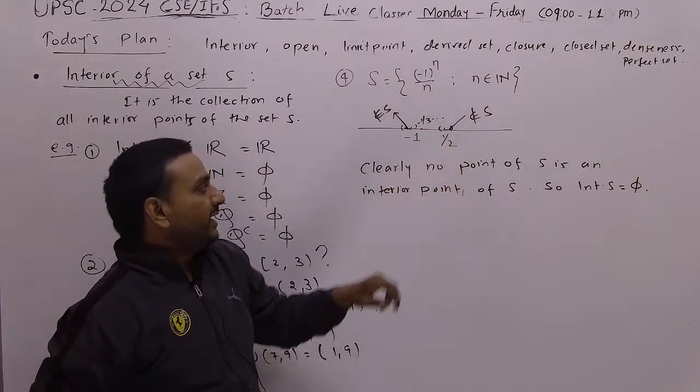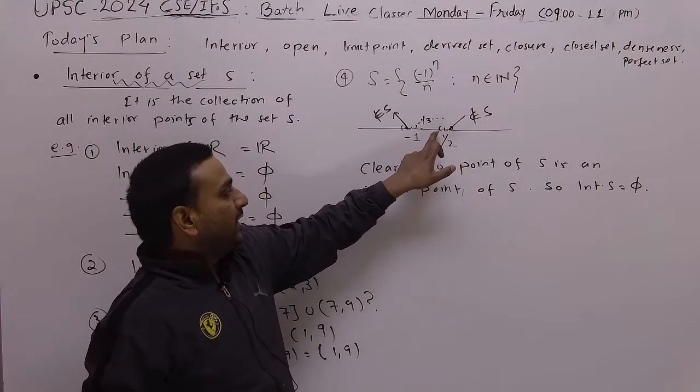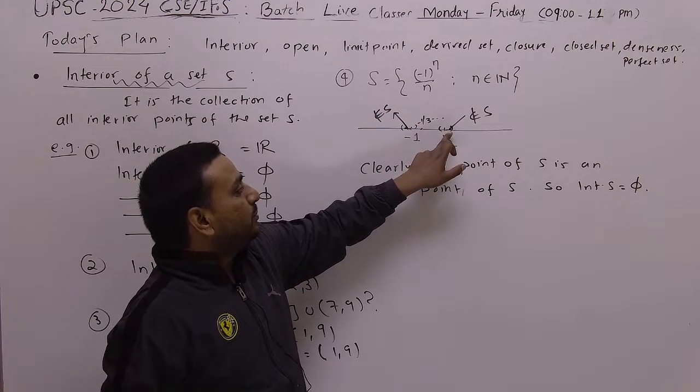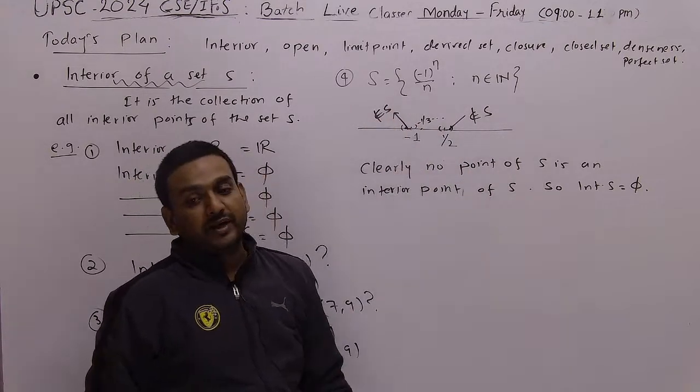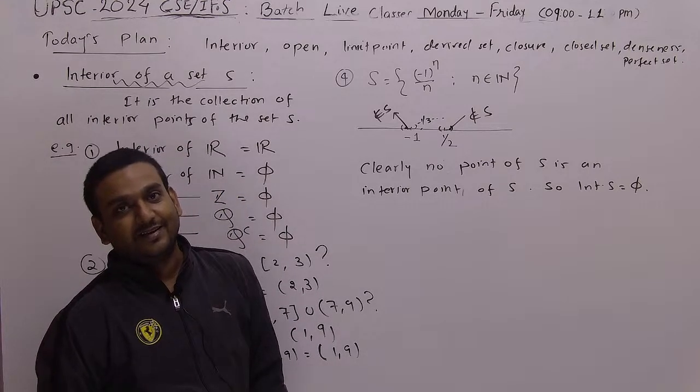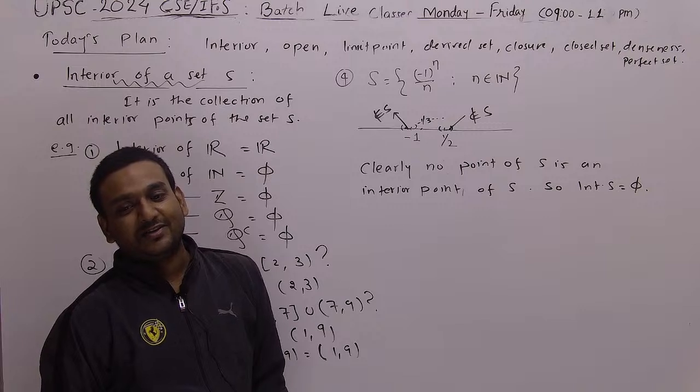If you talk about 1 by 2, all points to the left of 1 by 2 are in S, but maybe these points just right of 1 by 2 are not in S. Did you get the point, Shubham?